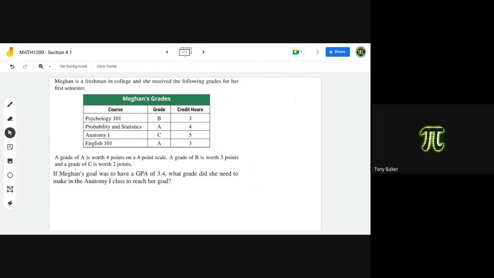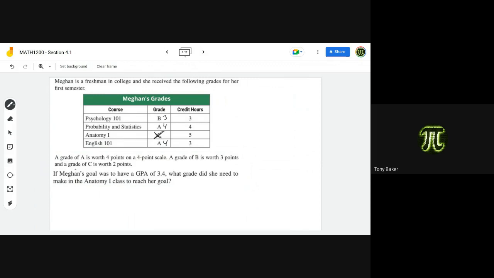All right. So Megan wants to have a GPA of a 3.4. In this case, we don't know what her anatomy score is, so we're going to call that X. So her other scores still exist. That's still a 4, and that's still a 3.